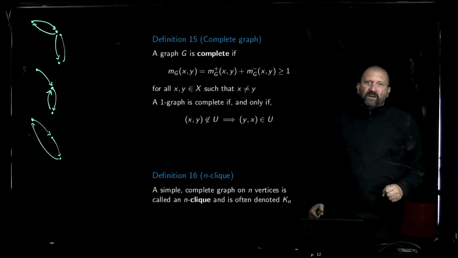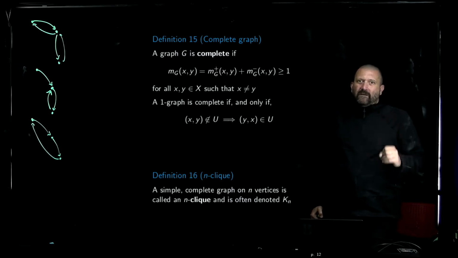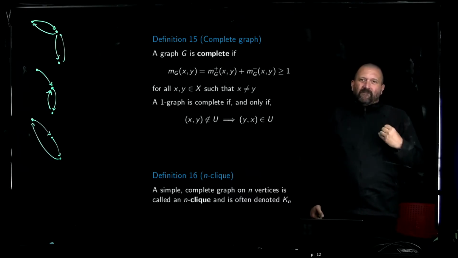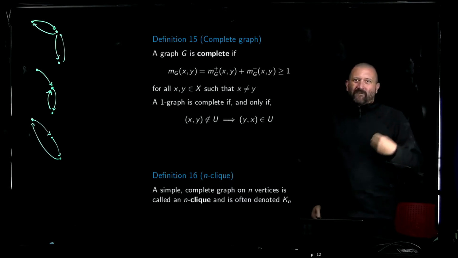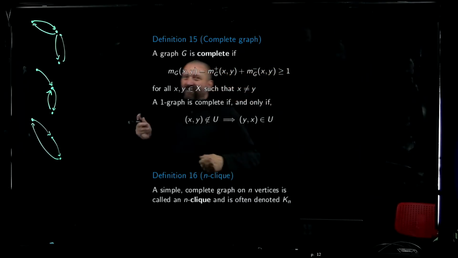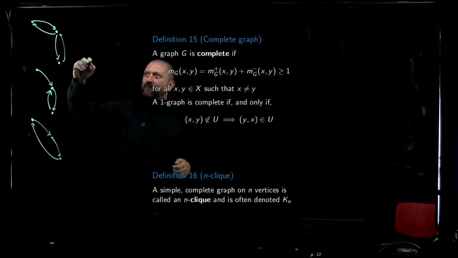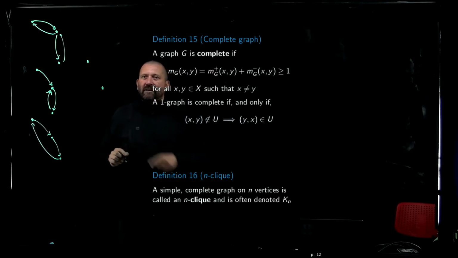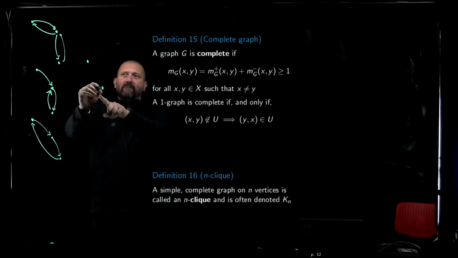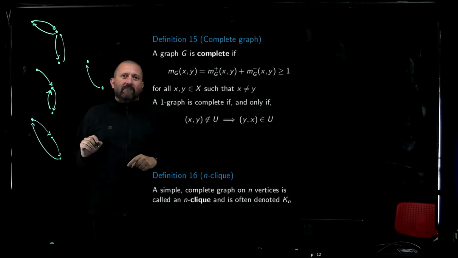The graph is complete. And again, let's jump right away to the one graph case. A graph is complete if and only if I can find an arrow whenever there isn't one. Okay? If there's no arrow here, then I have an arrow here.